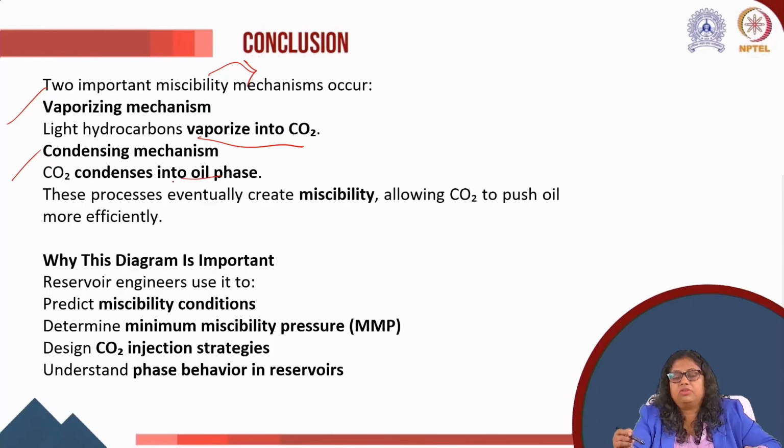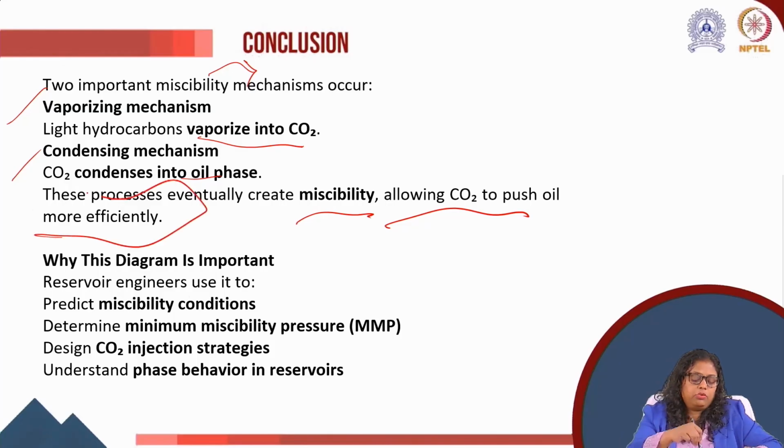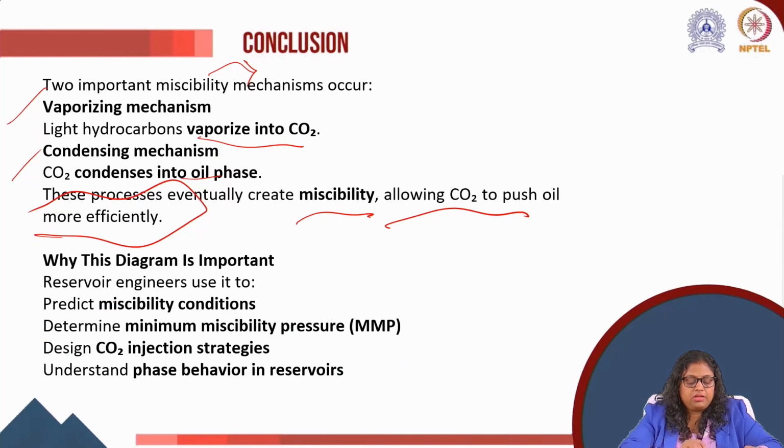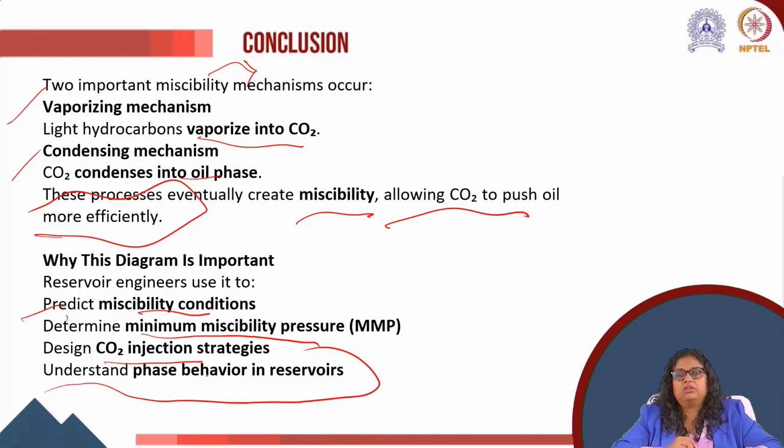This process eventually creates miscibility, or dynamic miscibility, allowing CO2 to push oil more efficiently. So why is the ternary phase diagram important? It is used to predict the miscibility condition, determine the minimum miscibility pressure MMP, design CO2 injection strategies, and understand the phase behavior in the reservoir.